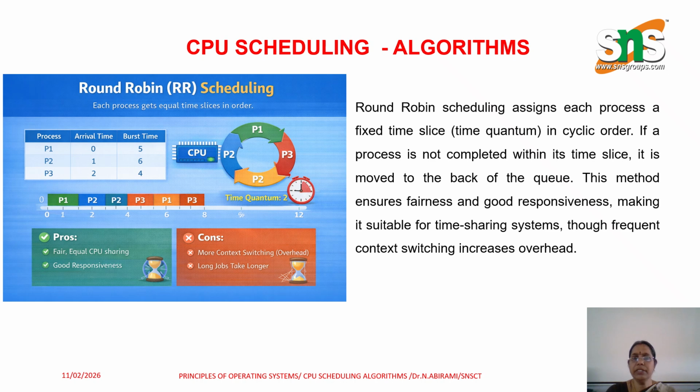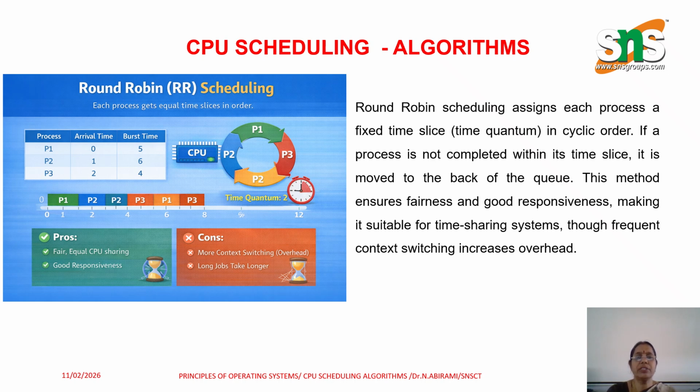The next one here is the round robin algorithm. Round robin scheduling states that each process gets equal time slices in the order it has to be processed from the ready queue. That means each process has a fixed time slice which we call the time quantum, and it is cyclic in order.